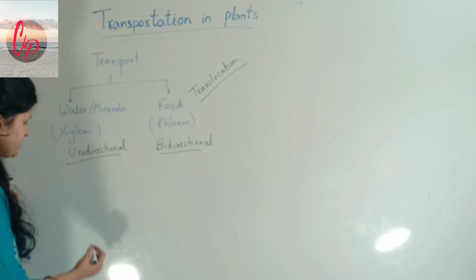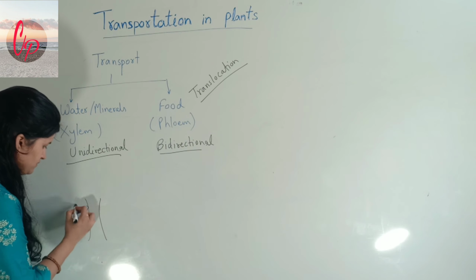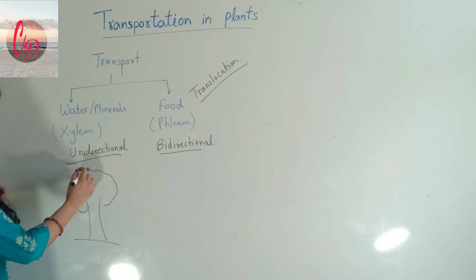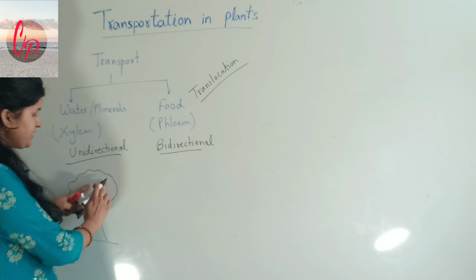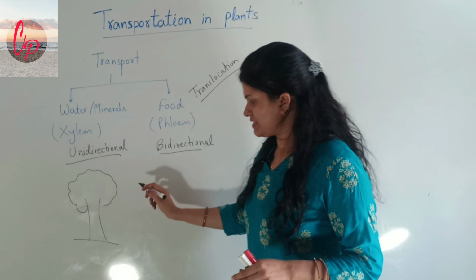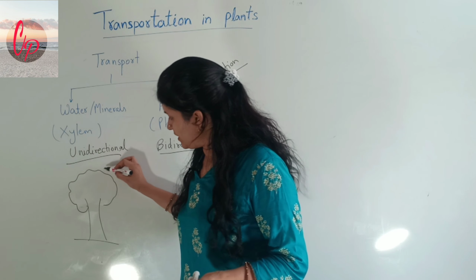So see what happens here. Suppose this is a tree and it is having leaves here, leaves are present in all these regions, and what is happening in the case of transpiration?